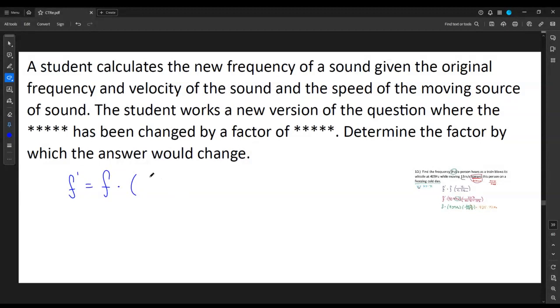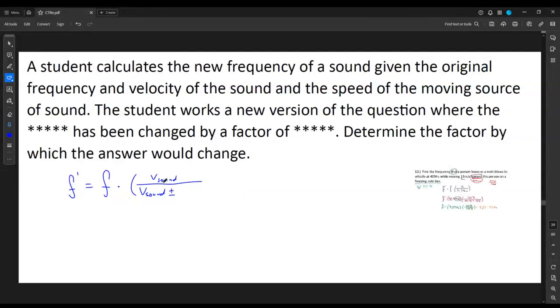So we have the velocity of the wave or of the speed of sound divided by the velocity of the speed of sound, and then technically plus or minus, depending on whether it's moving towards you or away from you. So I'm going to leave that as plus or minus for now.